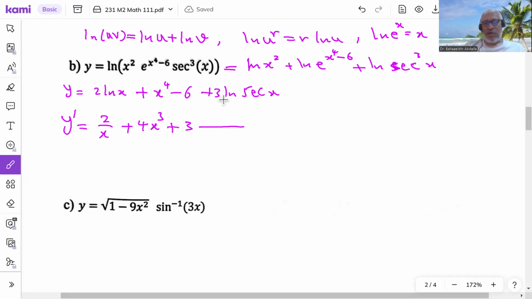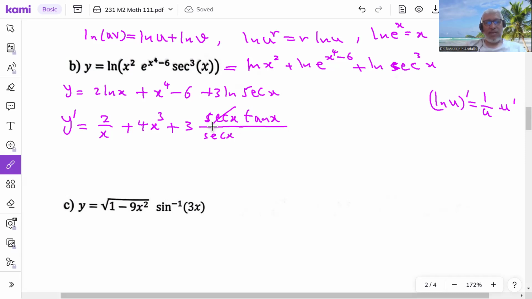Well, what is the derivative of ln u? It is 1 over u times u prime. You can write u prime here or you can write it there. So 1 over secant times the derivative of secant. The derivative of secant is secant tan, so secant x tan x.